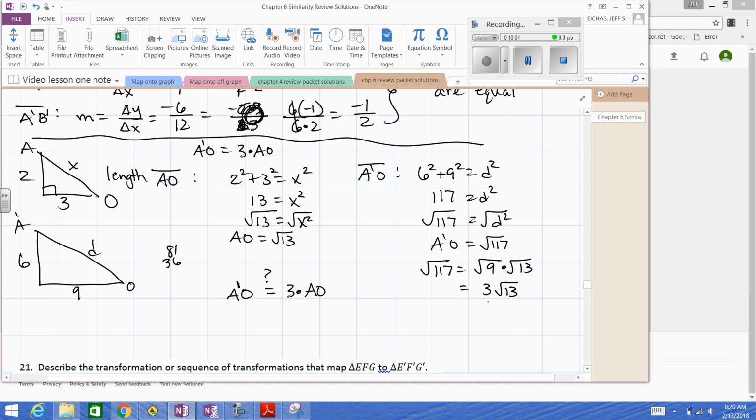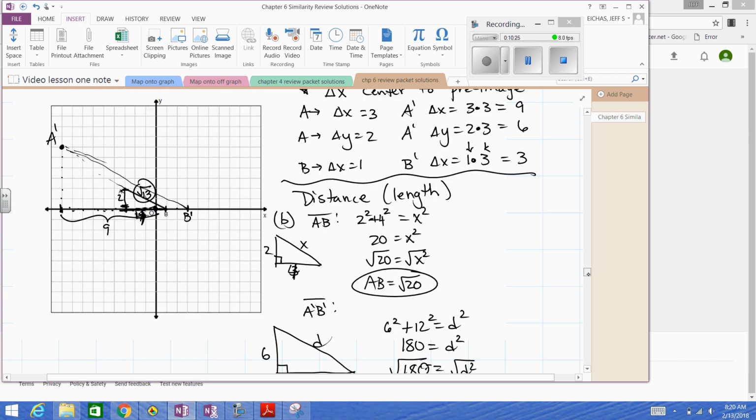A prime to O prime is 3 times the square root of 13, right? O to A is just square root of 13. So what do we need here to even it out? We need a 3. So that works. That checks out. All right, so that's it for that one. I'll probably have to stop this video there. It's only one problem, but it was a pretty involved one.